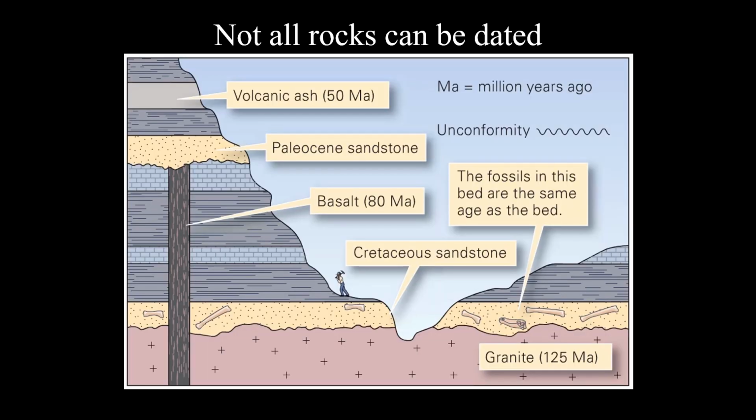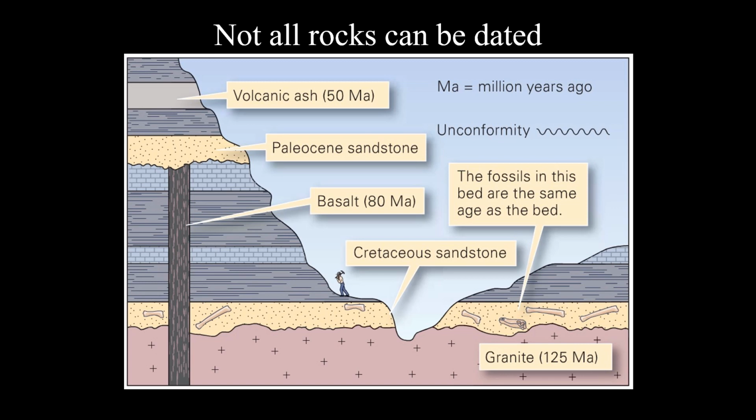And ultimately, you're going to use both methods, because not all rocks are datable. For example, you can see that there's a Paleocene sandstone there, and it doesn't have an age. The reason it doesn't have an age is because it's a sedimentary rock by definition. It's made of little bits and pieces of other rock that were stuck together and lithified into this sandstone.